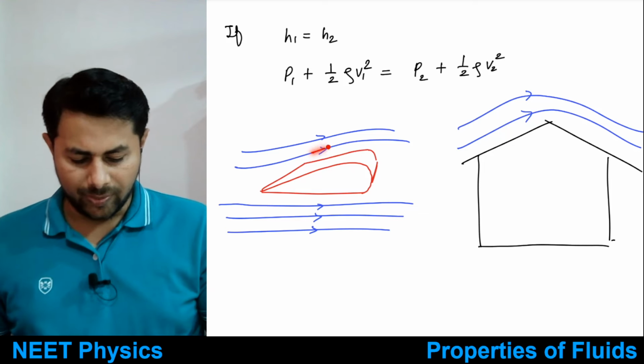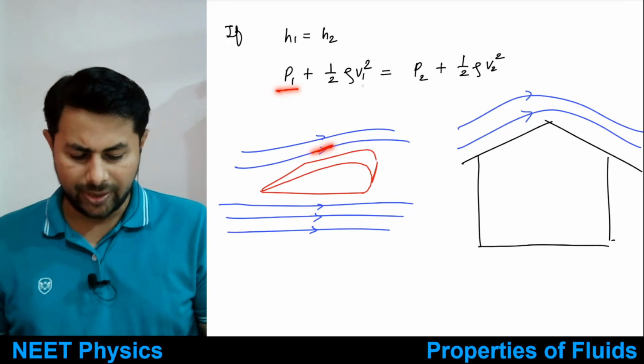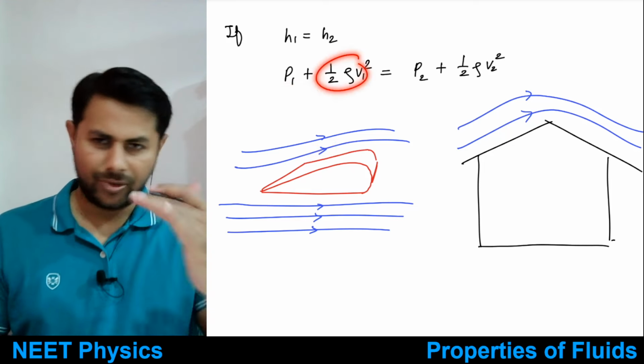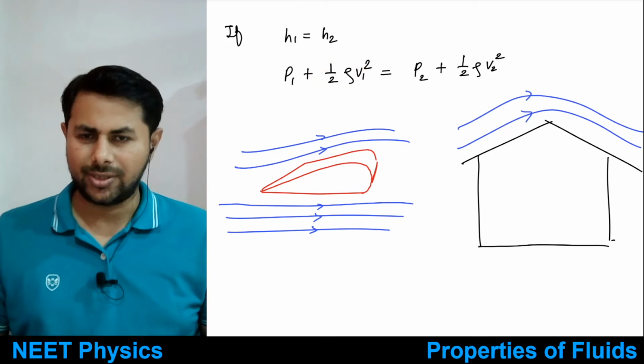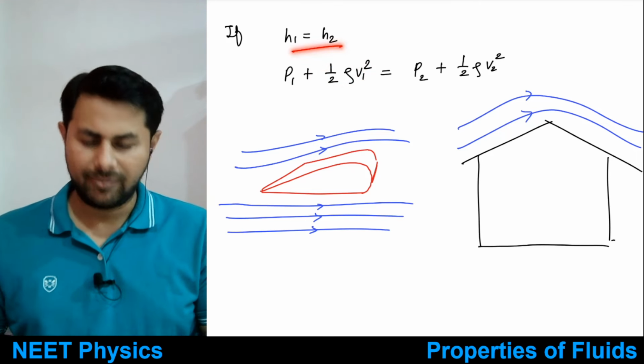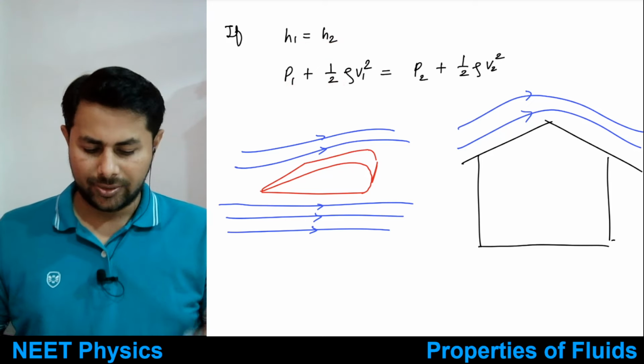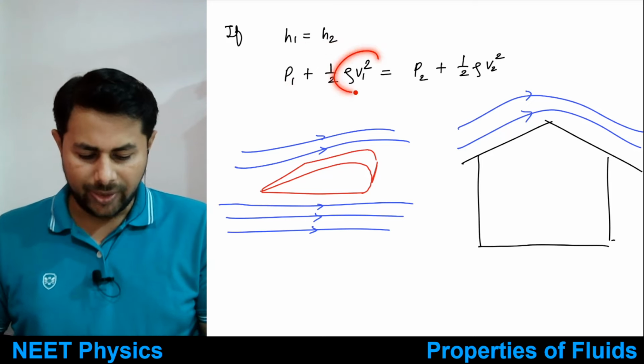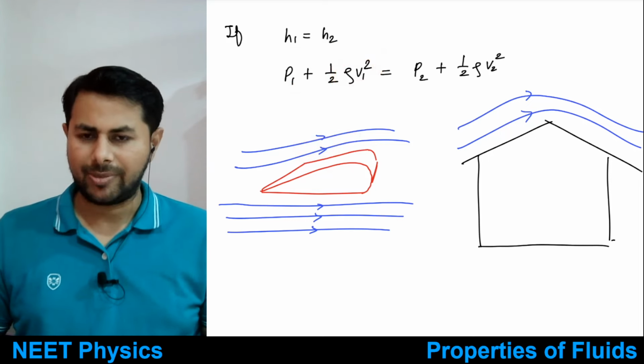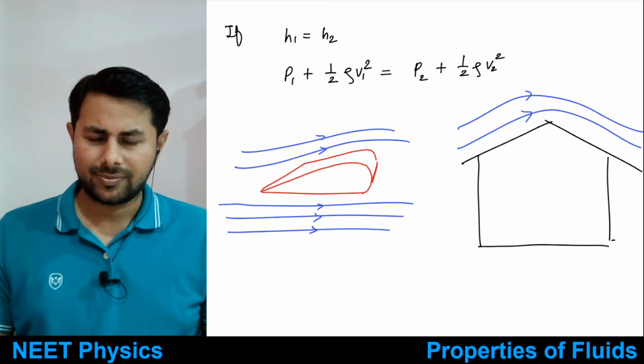So if velocity is more here, see, P1 plus kinetic energy per unit volume is constant if height is the same. So if velocity is more on this side, what will happen? Pressure will be less.